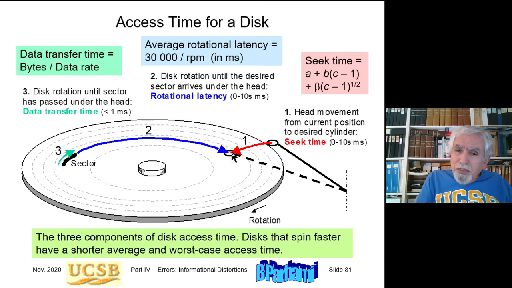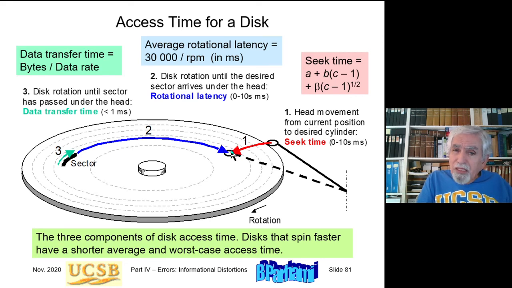Then once you get to the track that contains the data, the data may be somewhere else on the track. You have to wait for the disk to rotate and for data to come under the head. And on average, you wait half a disk rotation. In other words, if you're very lucky, the data happens to be here. As soon as the head arrives here, it starts reading because the data is right there.